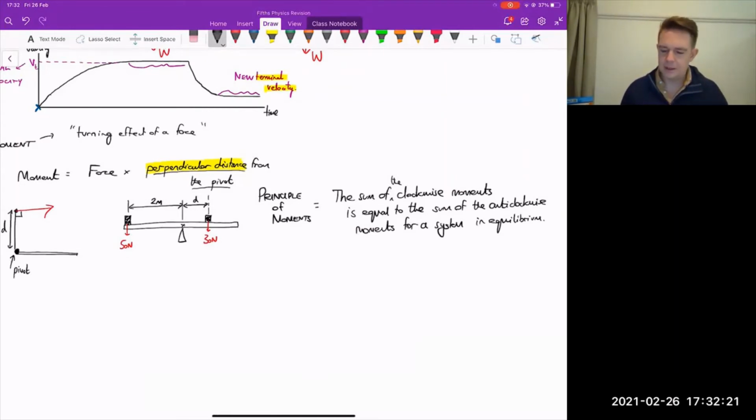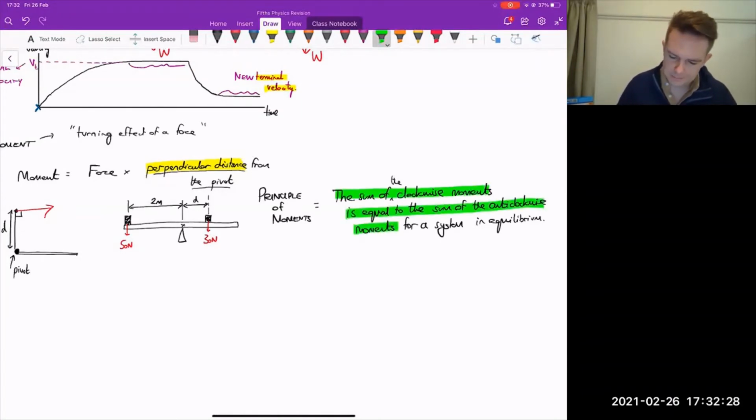So 1 mark, sum of the clockwise moments is equal to the sum of the anti-clockwise moments. 2nd mark, for a system in equilibrium. Both of those things you need to include if it says 2 marks.